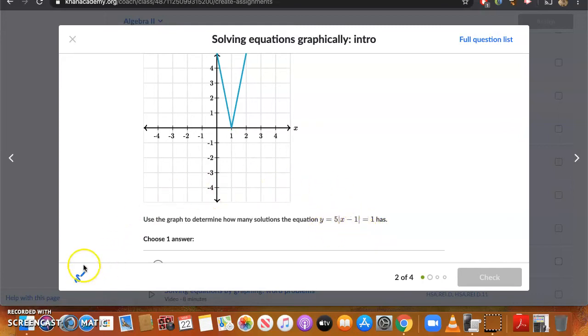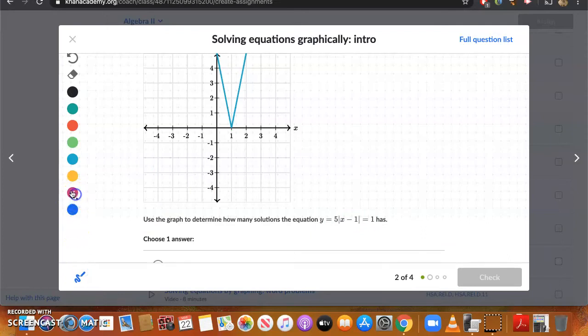So let's go there. Again, I'm going to do the same thing. I'm going to draw a line through y equals 1, right? Oh, I can't draw below it. Okay. So here's y equals 1. Okay.